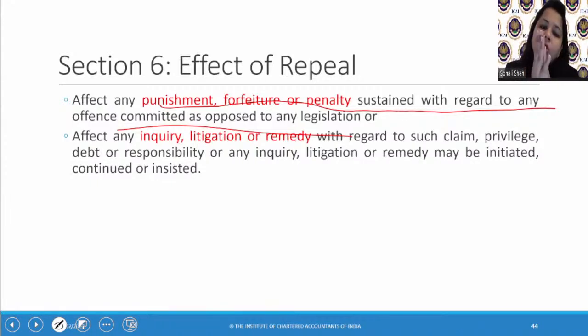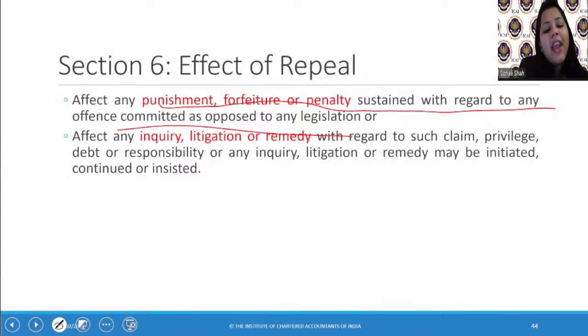A person was prosecuted for 5 years under the Companies Act 1956. Can he be re-prosecuted for 10 years under the 2013 Act, because obviously the new Act provides for 10 years of punishment? No. So repeal will have no effect on any punishment, forfeiture or penalty that is sustained with regard to any offense committed under any legislation.